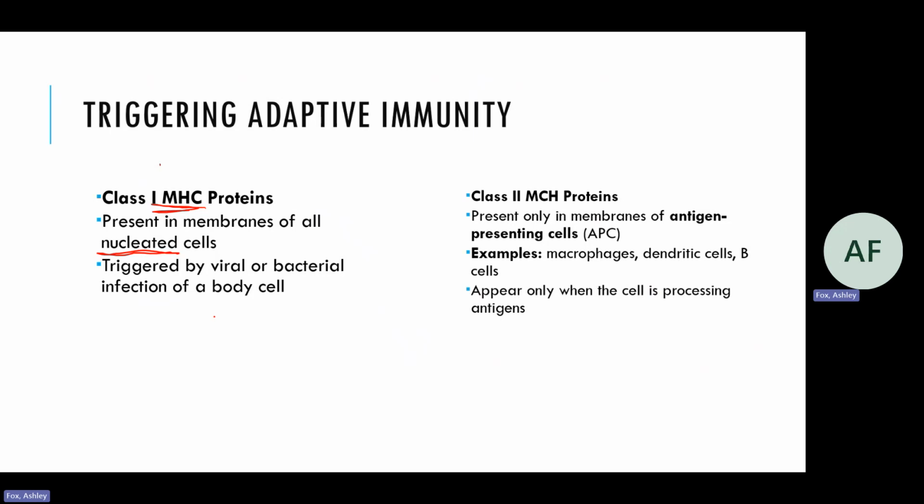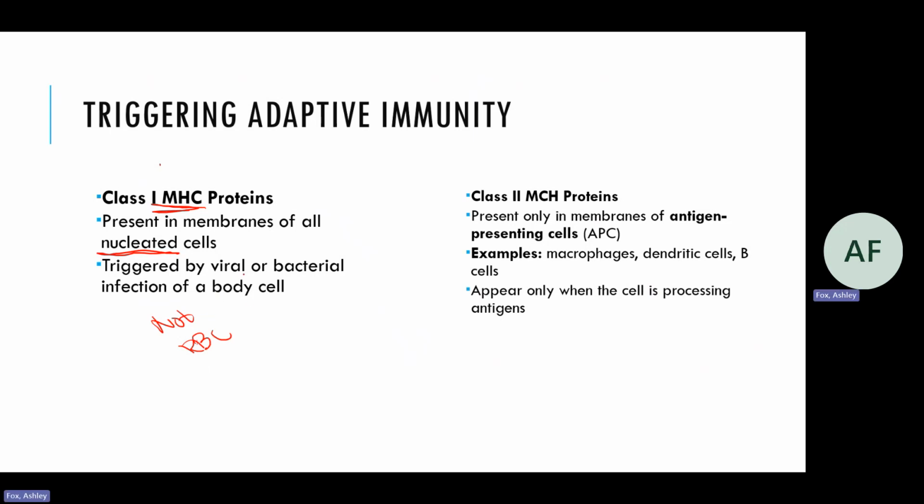Well, most of your cells are nucleated, but it's not going to be on the stratum corneum of your skin, just because those cells are not nucleated anymore. And it's not on RBCs. Red blood cells, erythrocytes, throw out their nucleus, so it's not going to be on those.